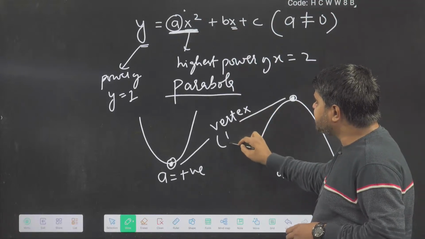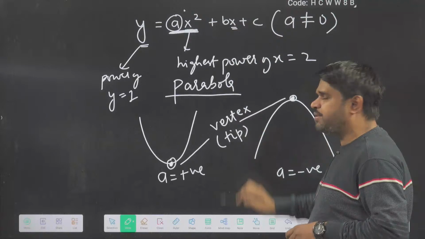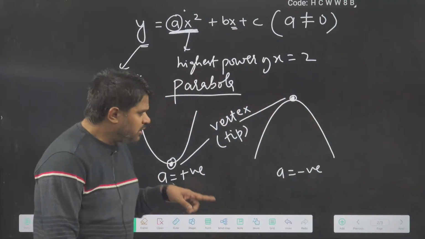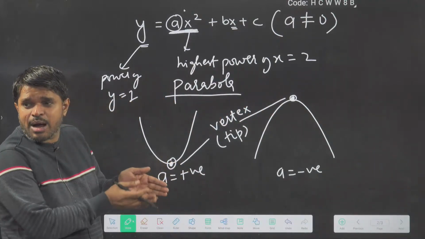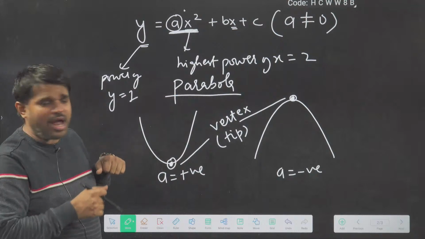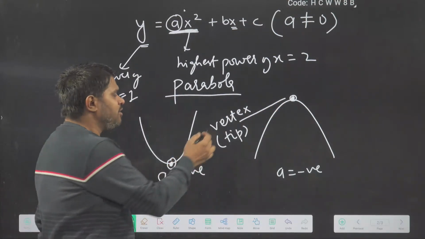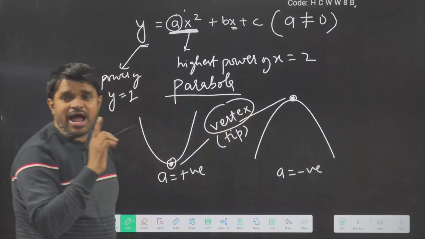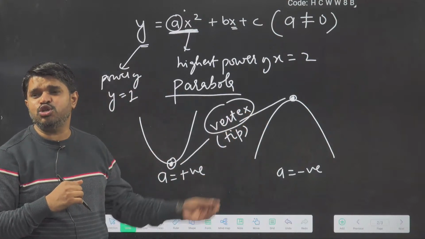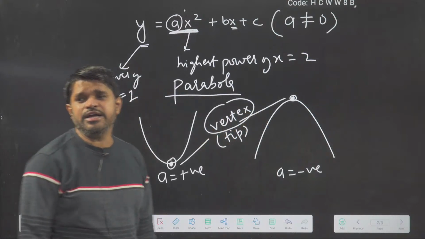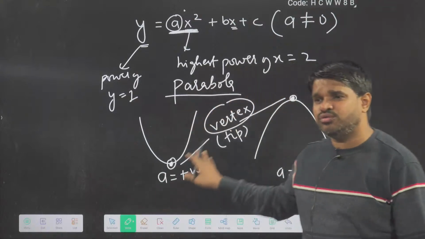Or for understanding purpose, you can call it tip. So the lowest point in an upward opening parabola and the highest point in a downward opening parabola, the formal name is vertex, and for understanding purpose, you can call it tip. Tip or vertex. Write this also.